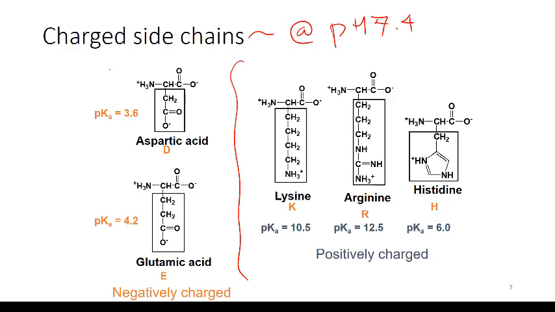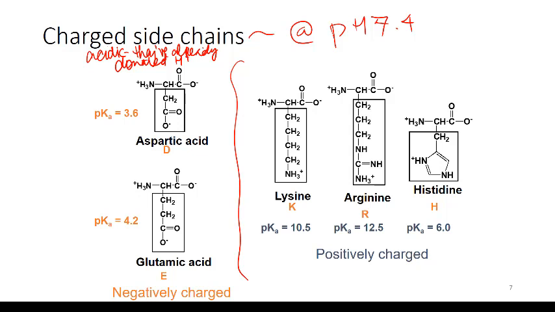We sometimes hear the negatively charged ones referred to as acidic, and this is because they've already donated their proton. So they've already acted as a Bronsted acid and donated their proton.